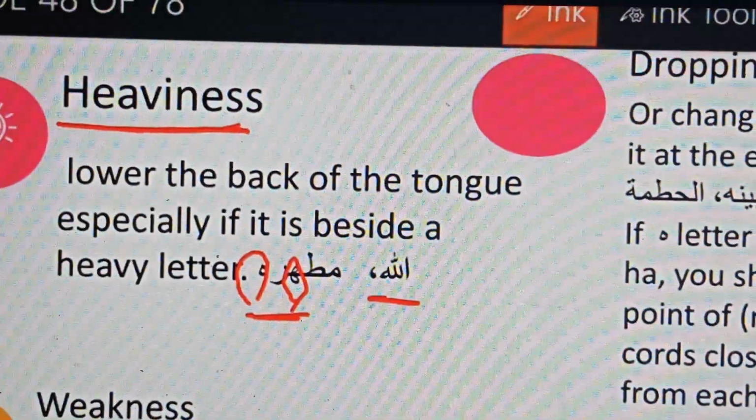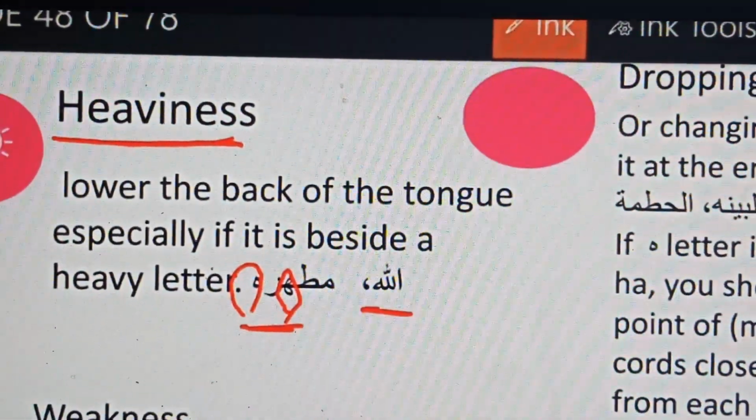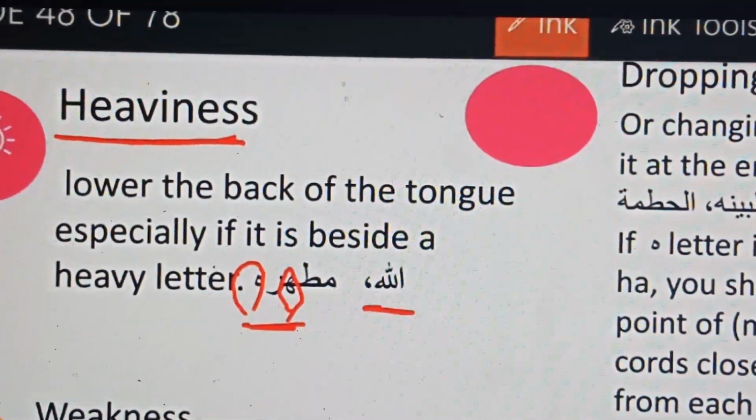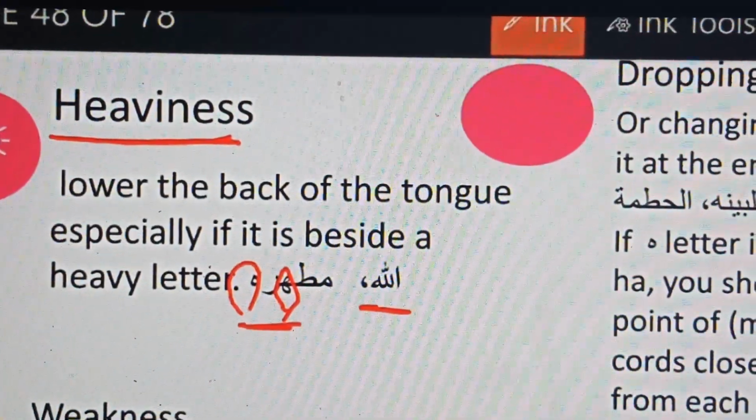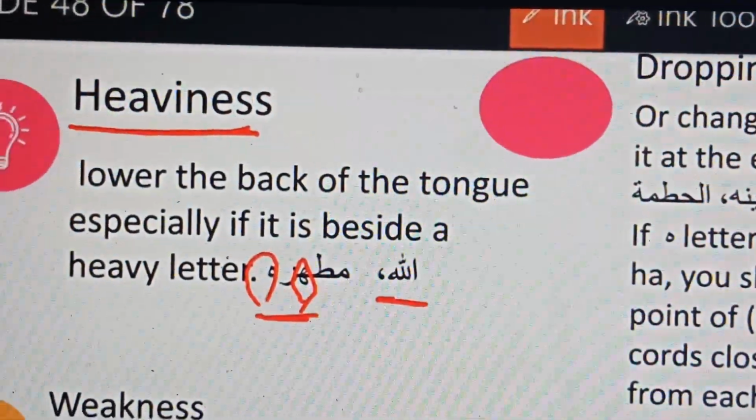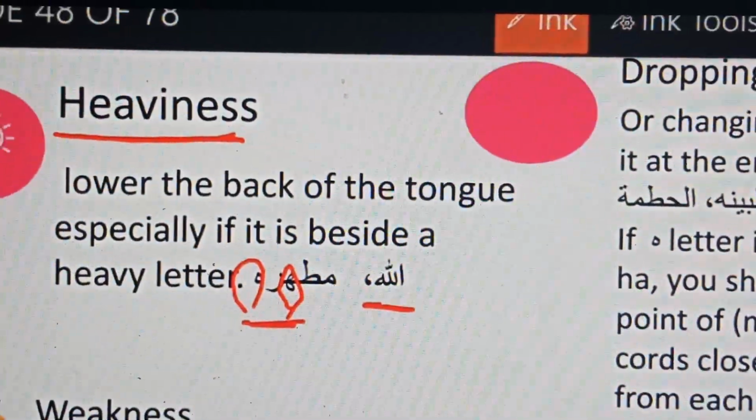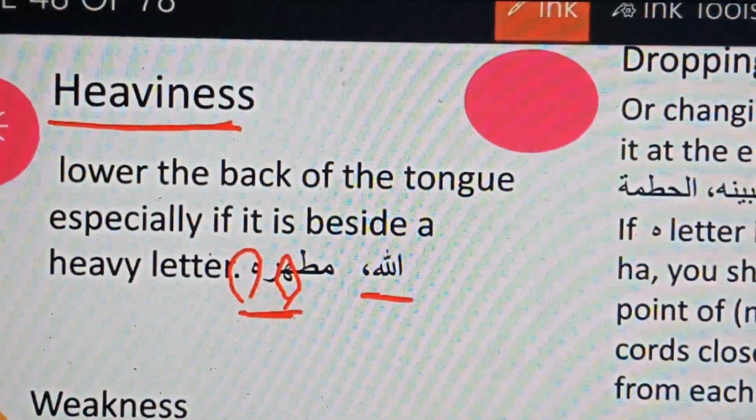It will be like muto-horo. That is the wrong way. This is from the common mistakes.